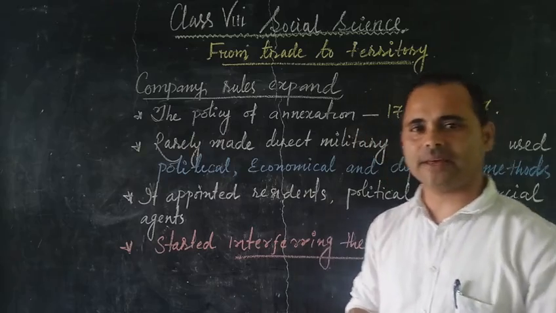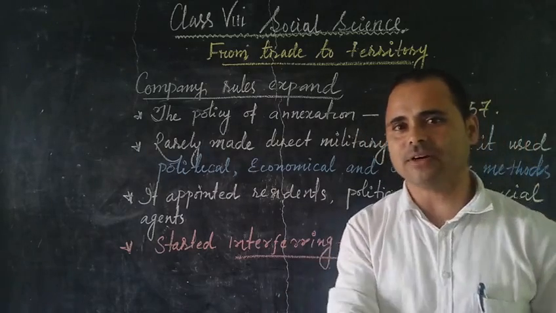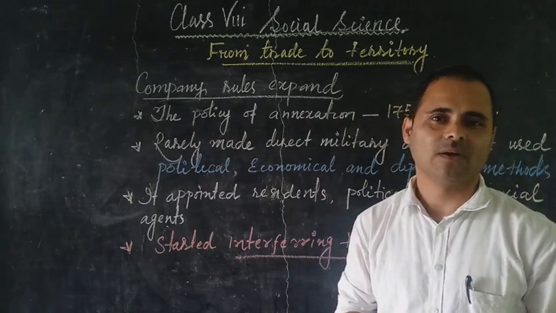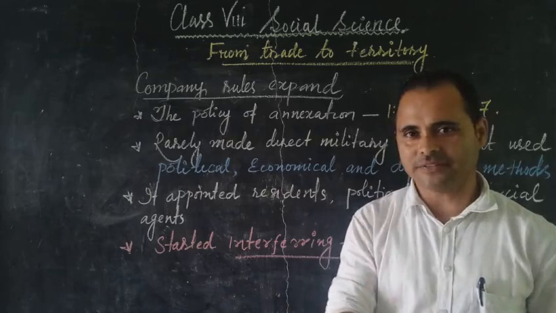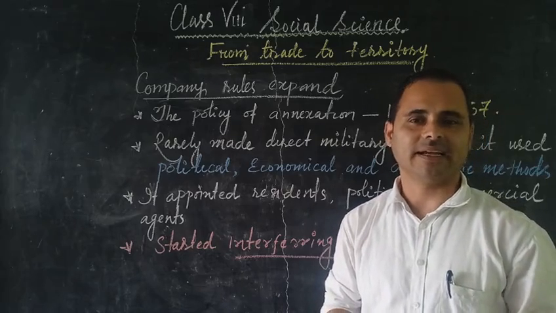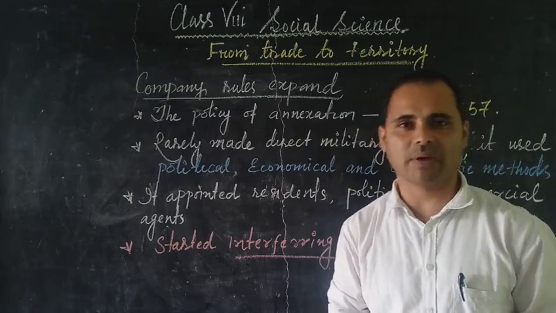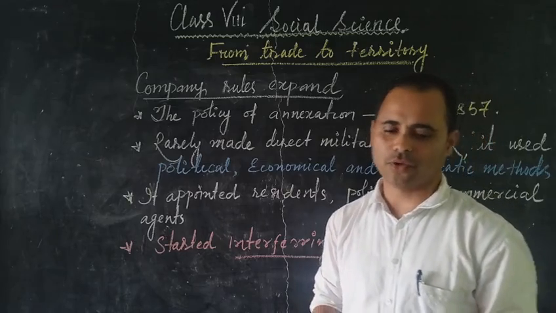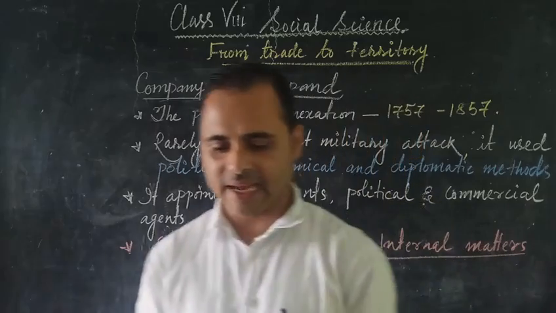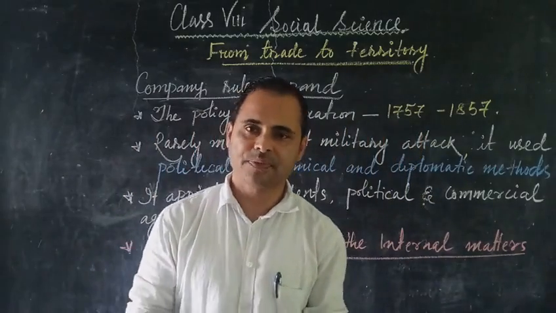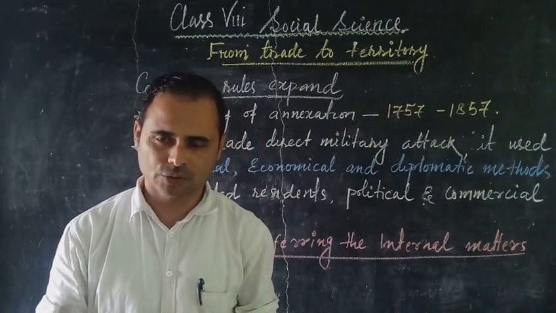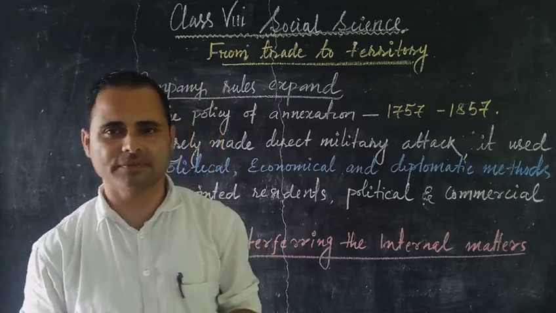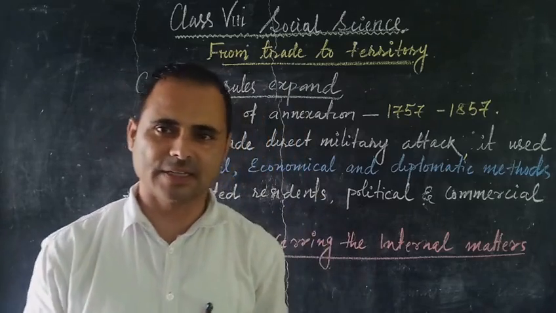In the same way, Awadh was annexed by Richard Wellesley following the subsidiary alliance. After Awadh, what did he do? He annexed Hyderabad as well, following the subsidiary alliance. So in this way the company rule was expanding slowly into the different princely states of India, one after another.